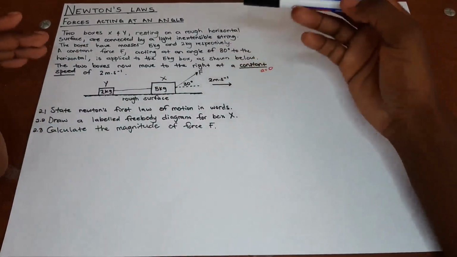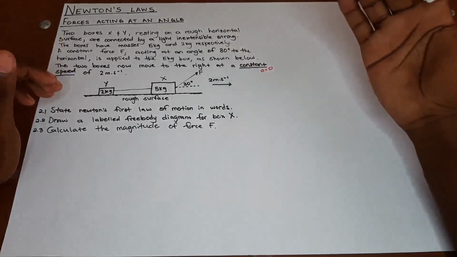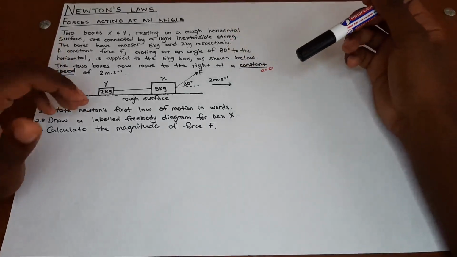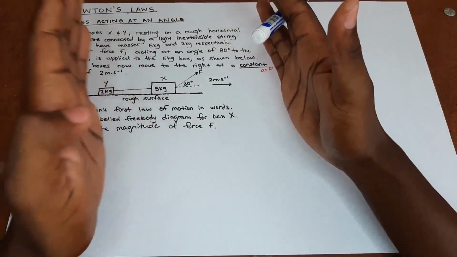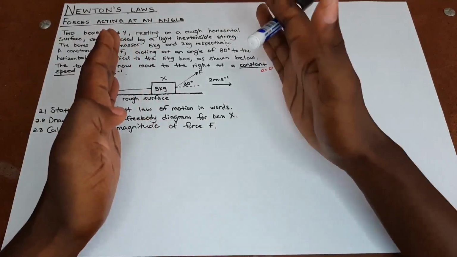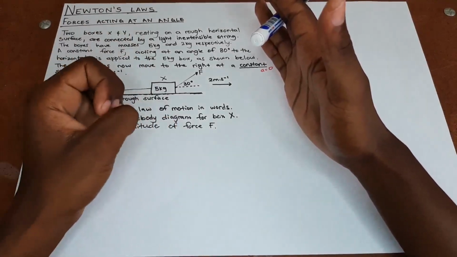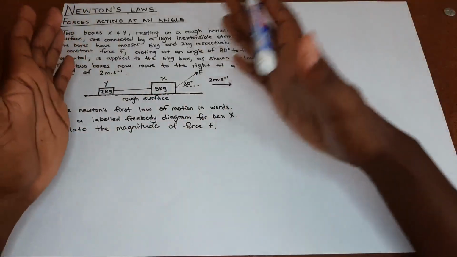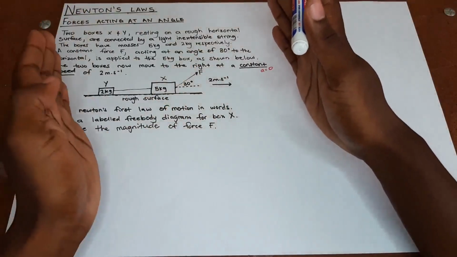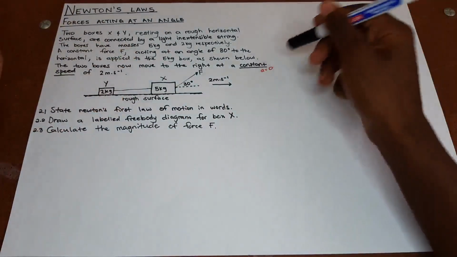No, this is 2 meters per second for the velocity. Acceleration is equal to change in velocity over change in time. If the velocity is constant from this point to this point, say 50 meters per second and 50 meters per second, we minus 50 minus 50, and that gives us 0. Divide by a specific time, maybe 15 seconds, 0 over 15 gives us 0. Acceleration is 0 then.